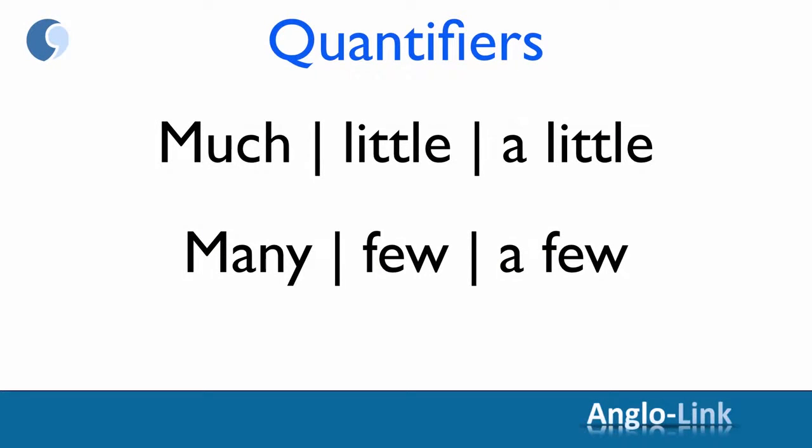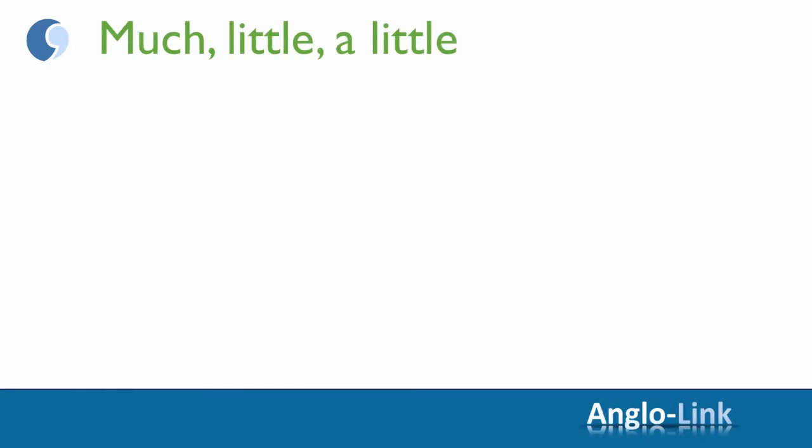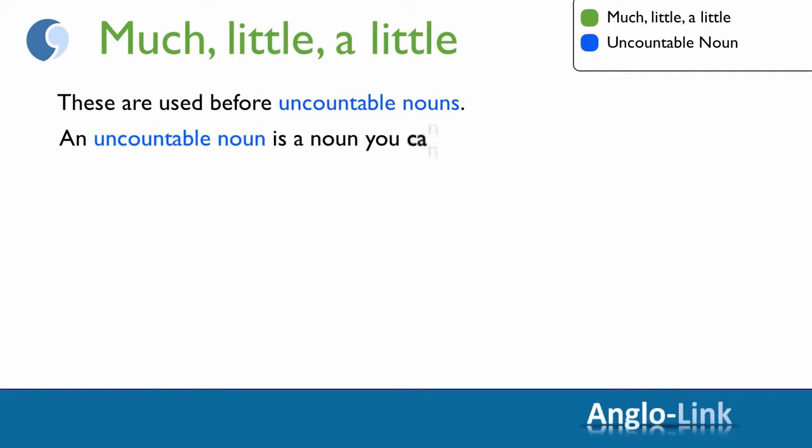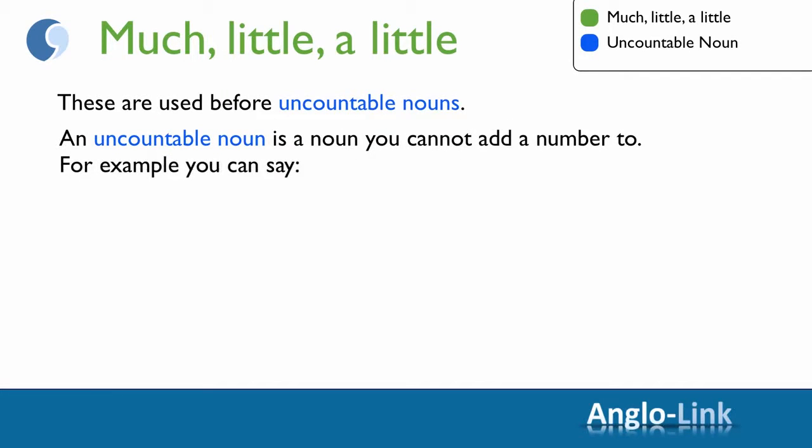Let's begin with much, little, and a little. These are used before uncountable nouns. Now, what is an uncountable noun? An uncountable noun is a noun you cannot add a number to. You cannot count.